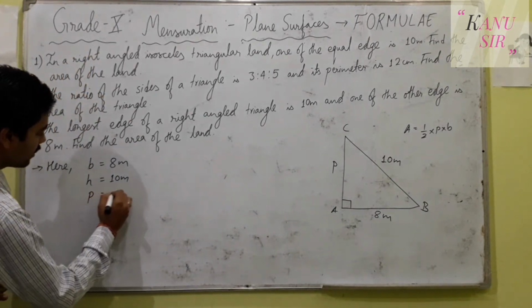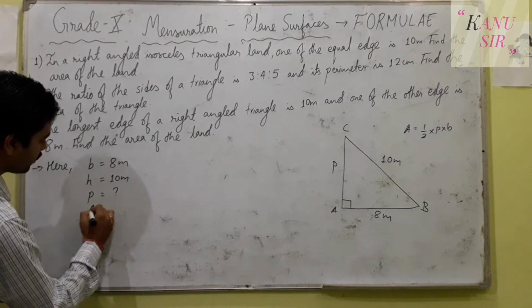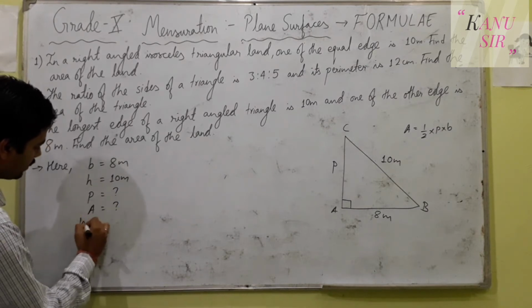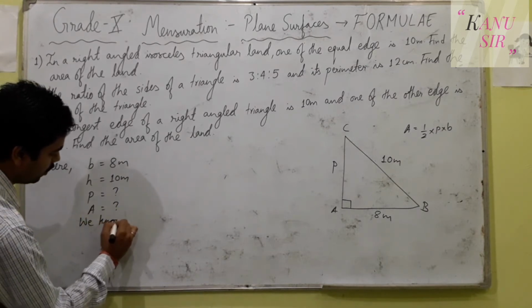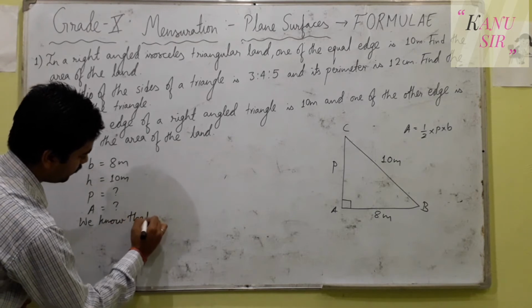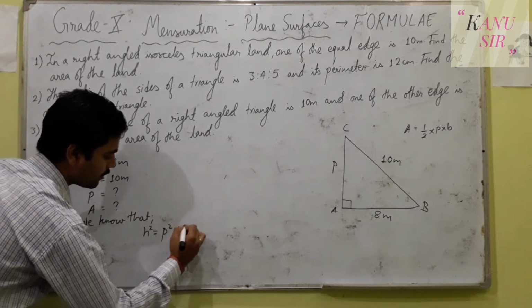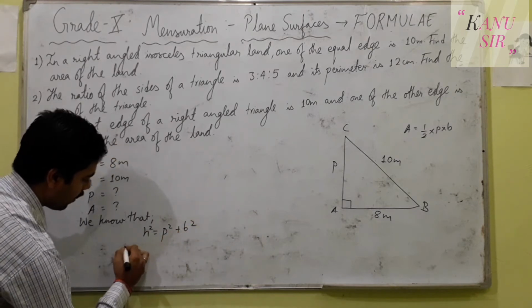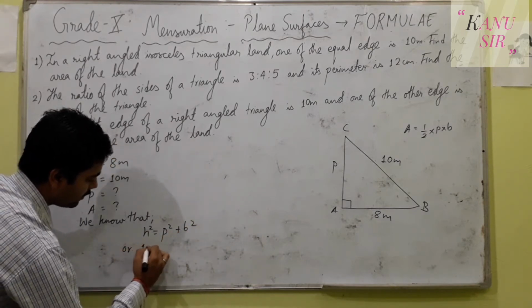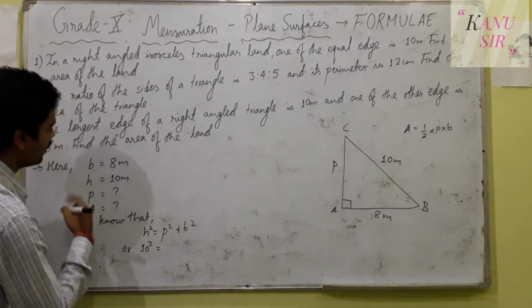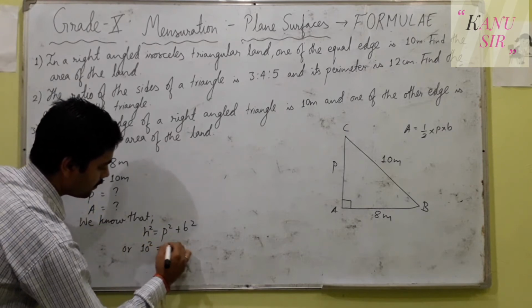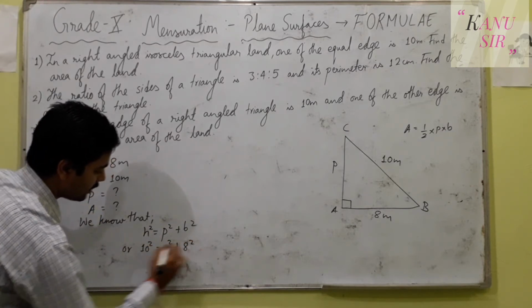So for P we don't know, and also we need the area here. Then you can write: we know that hypotenuse H square is equal to P square plus B square. H square means 10 square, perpendicular is required for us, P square, and the base square is 8 square.